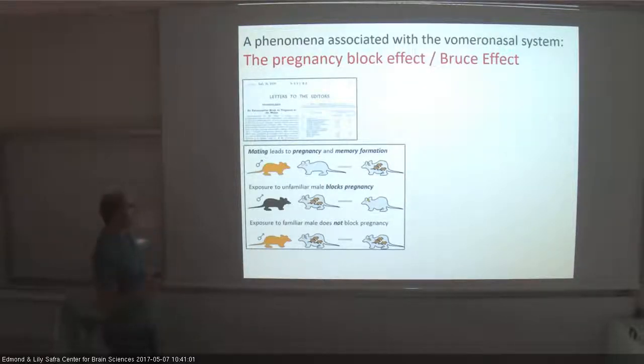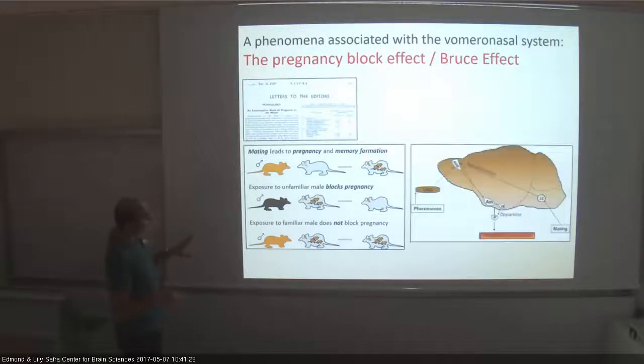You may have heard of this before. One of the really nice things about this effect is that the father itself will not cause pregnancy failure. So during mating, the female forms some kind of a memory of the mating male, and this prevents that male from eliciting the pregnancy block. And this is one of the things that we're actually interested in. This is one example of plasticity in the system.